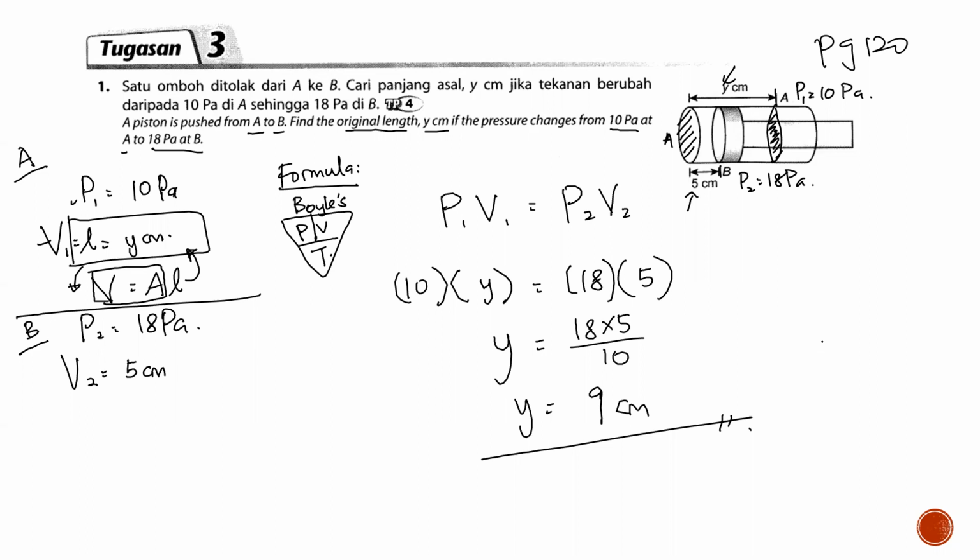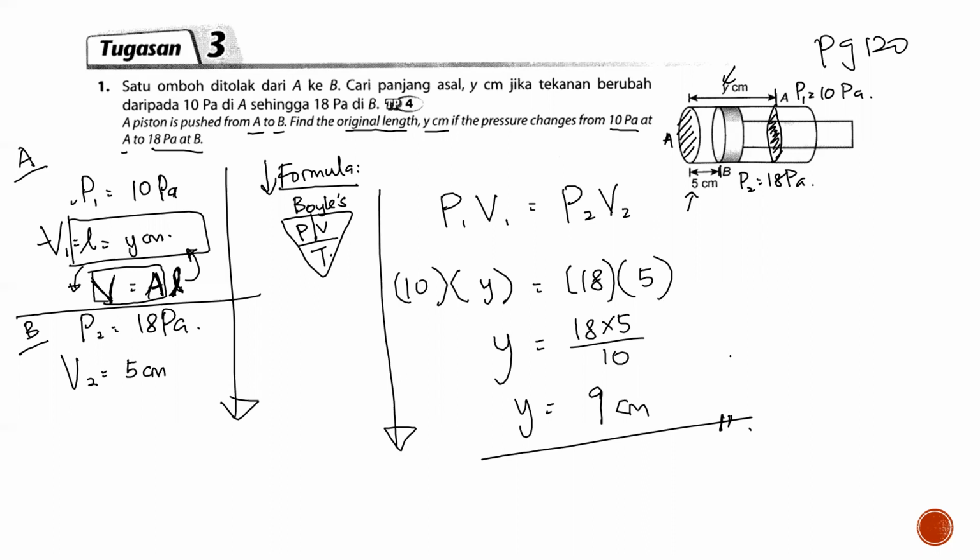So from here we apply back what we have learned in maths. Volume equals to area times height, the length. So we can treat length as volume. Then the rest is the same: info, formula, substitute and solve.